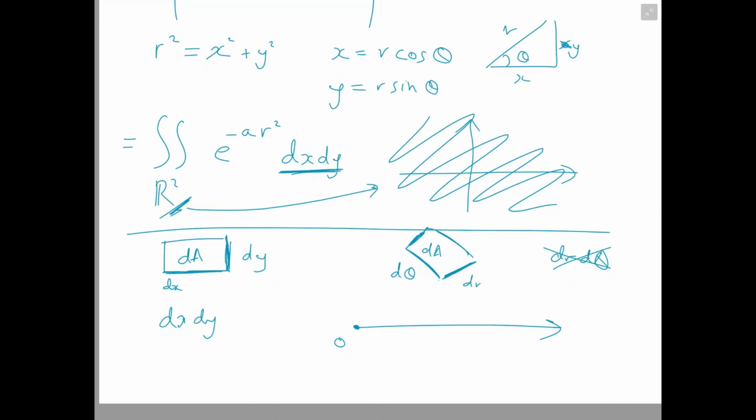It's a geoid. So over here dA is, well, we know one side has length dr, the other side is basically an arc, so it has length r d theta. So dA transforms into r dr d theta. So that's what dx dy transforms into.